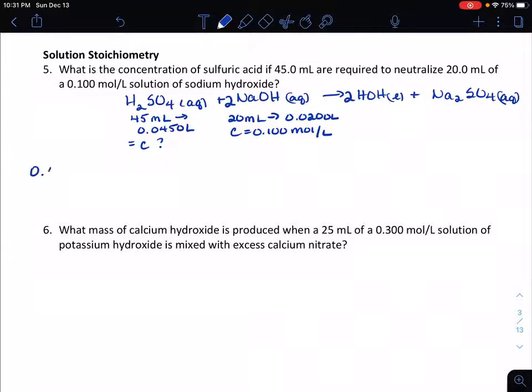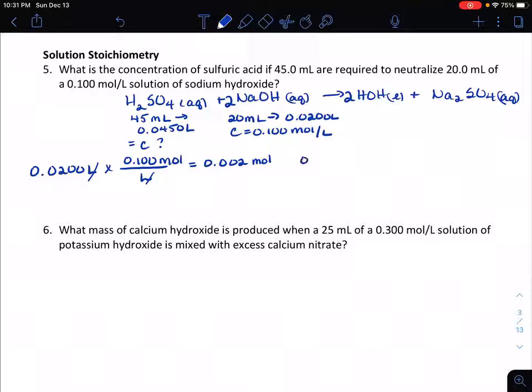So 0.02 liters. Remember, you always want to start with the number with 1 unit and use your second number as a ratio. And so for this one, it's going to be 0.1 mole per liter. My liters cancel out, and I'm left with 0.002 moles. All right, that's step 2. Step 3 is a mole ratio.